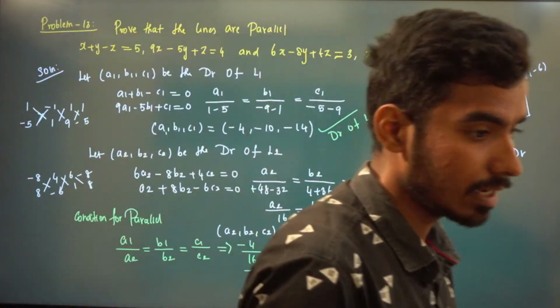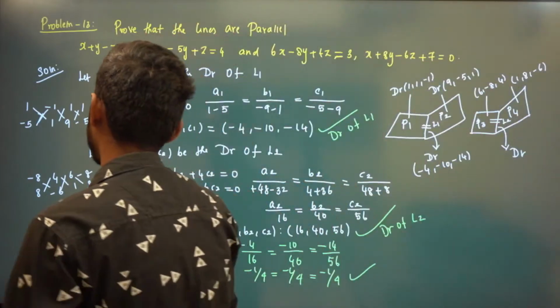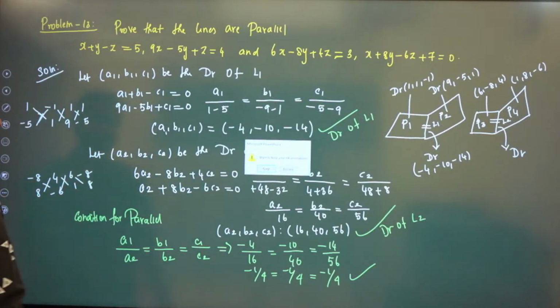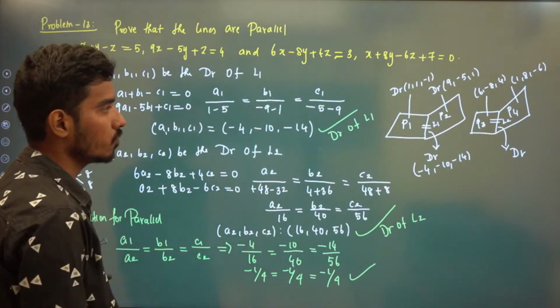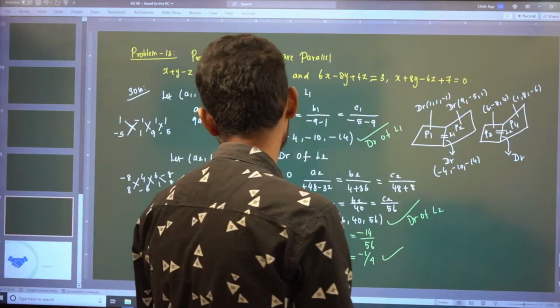See, if you understand the concept, everything is very, very easy to follow. You just have to understand the concept. That's it. For 3D geometry, understanding the concept and drawing the diagram will give you almost 70 to 80%. It will be completed by that time itself.